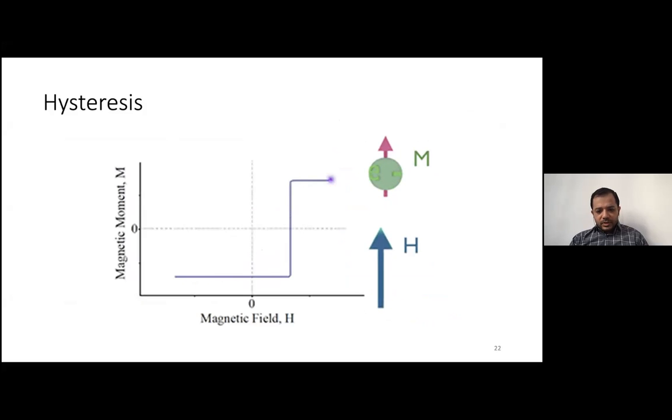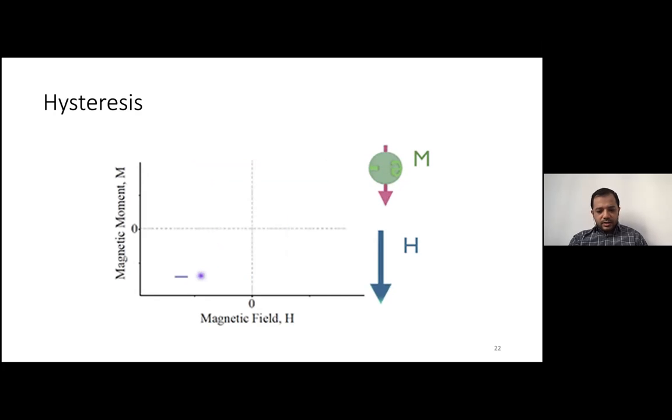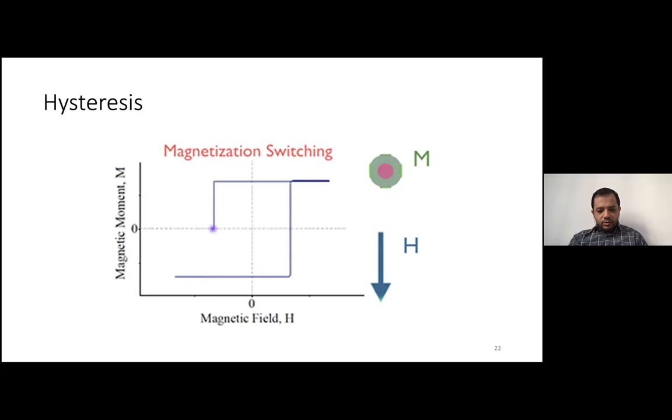So here's what we get from this VSM, a curve or a loop rather, that is called hysteresis. As the magnetic field increases from 0, the magnetic moments start to align, and eventually they will saturate, and they can no longer align any further, and that's all the way on the top.